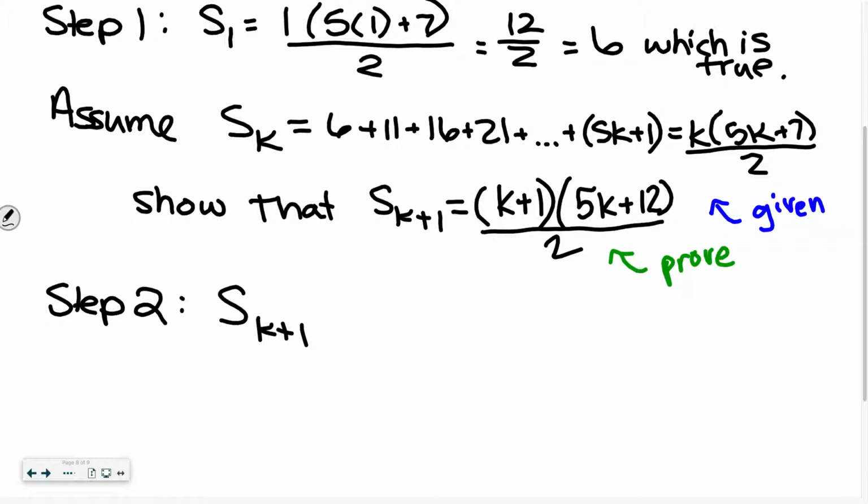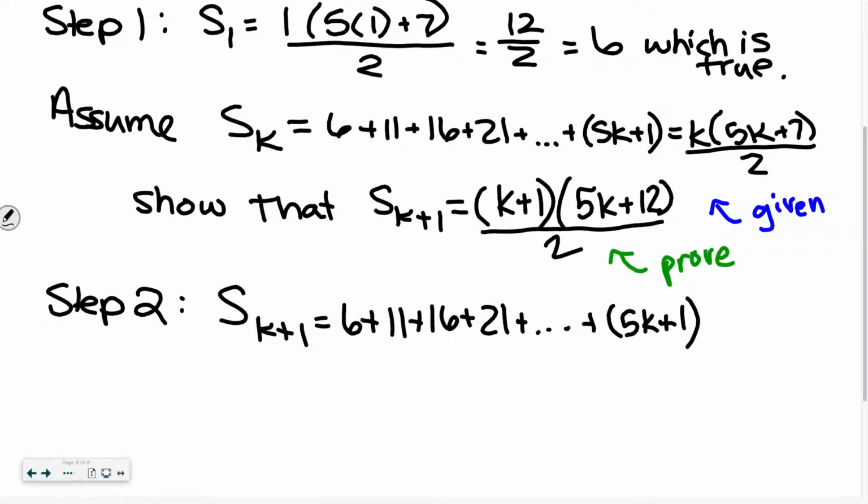So if I were adding up k plus 1 terms, I would start with 6 plus 11 plus 16 plus 21 plus ... If you want to, you can write the 5k plus 1. But this just represents a sub k, right?